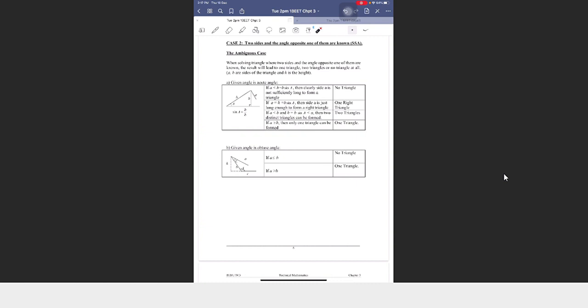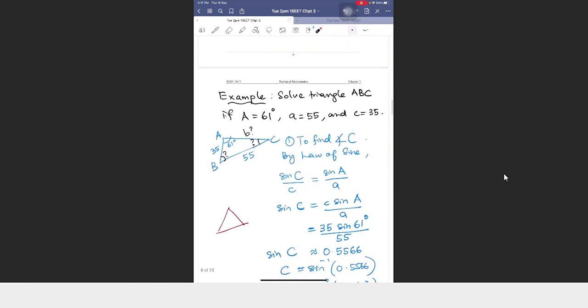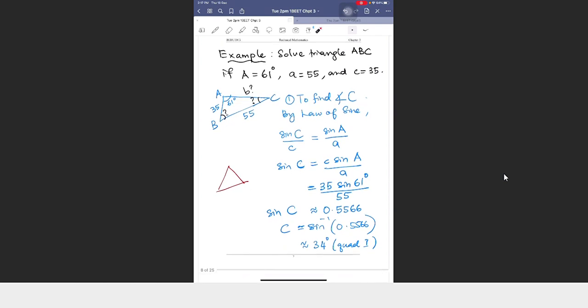So there are three possibilities for this type of oblique triangle where you are given only two sides and one angle. I gave you one example last week, and the example given leads to just one triangle.